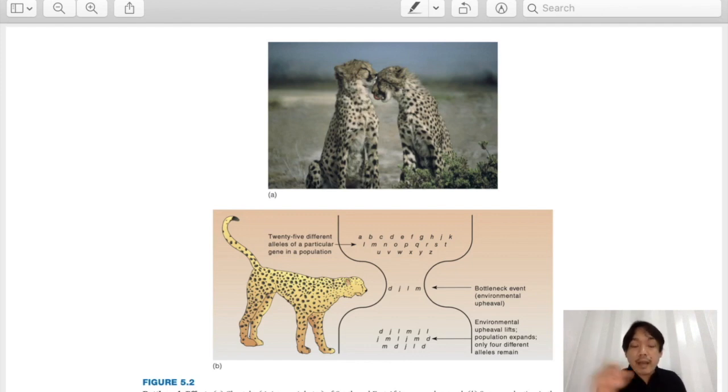Then after that, if you look at the curve here, we have only four alleles, and those four alleles are expanding again because the environmental upheaval has already been terminated from this setup. So they expanded, but we have only four alleles present here. So the genetic diversity has been significantly reduced.